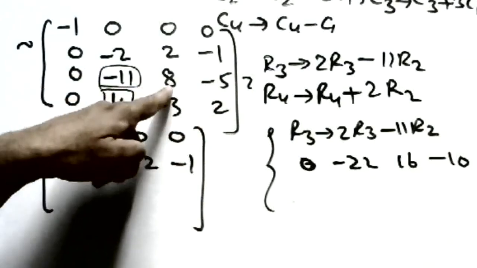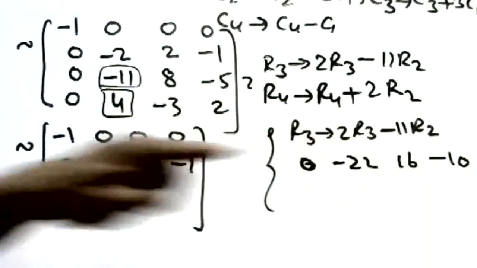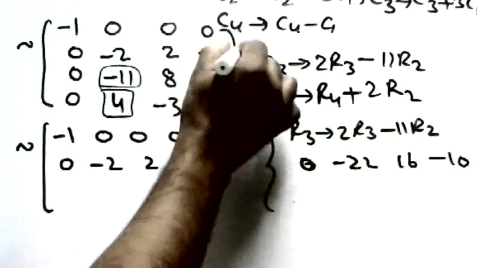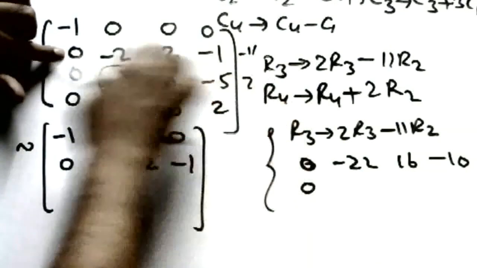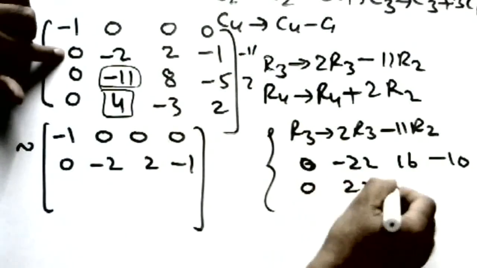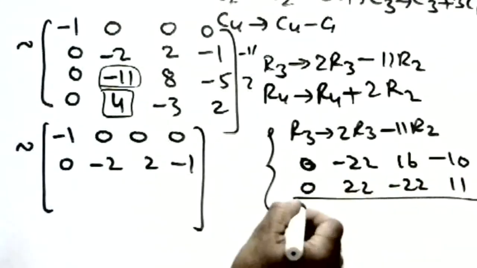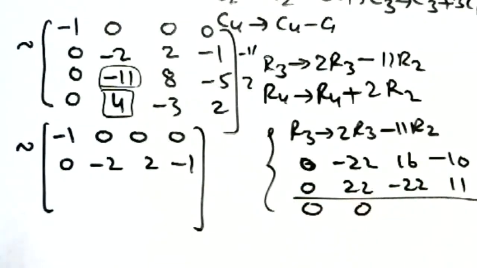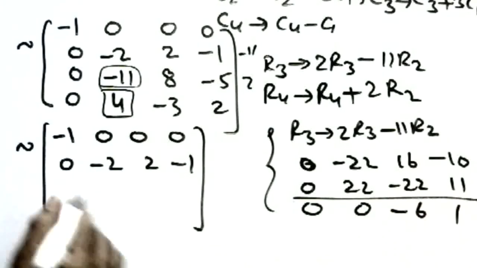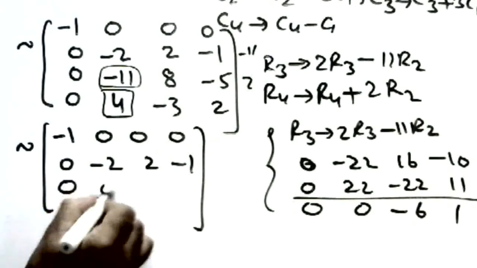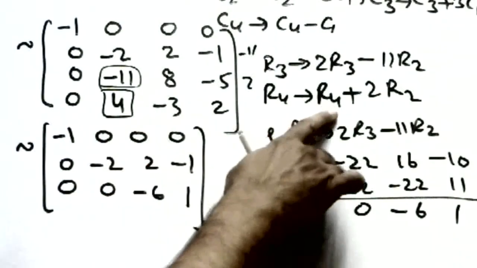Now 2R3 minus 11R2. Multiply with minus 11: 0, 0, minus into minus plus, 11 2s are 22, minus 2 plus minus 22, minus minus plus 11. So add this one: 0, 0. What will be 16 minus 22 will be minus 6, 1. So we are left with 0, 0, minus 6, 1.